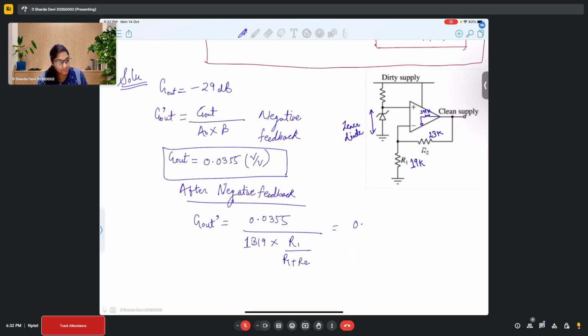So that is 0.0355 by 1319 into 19 by 42.